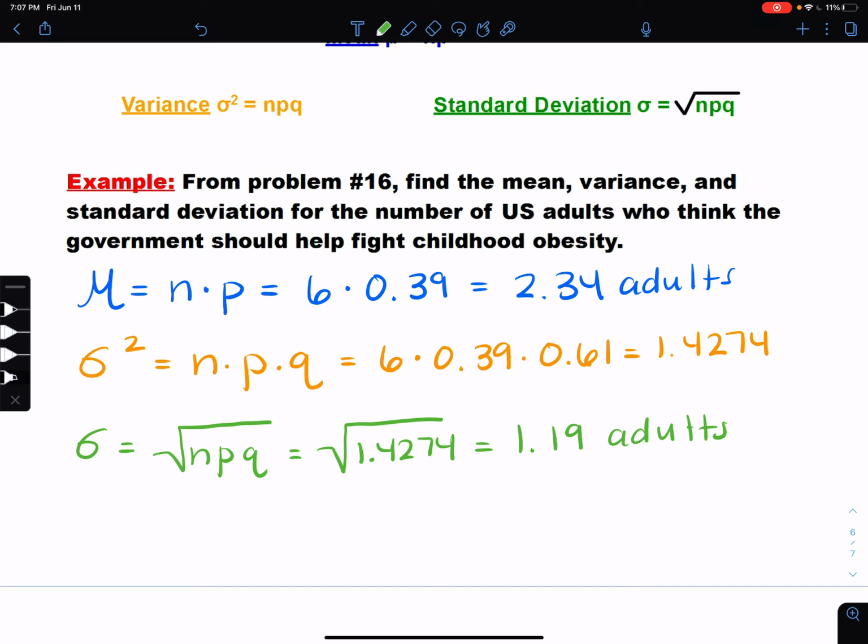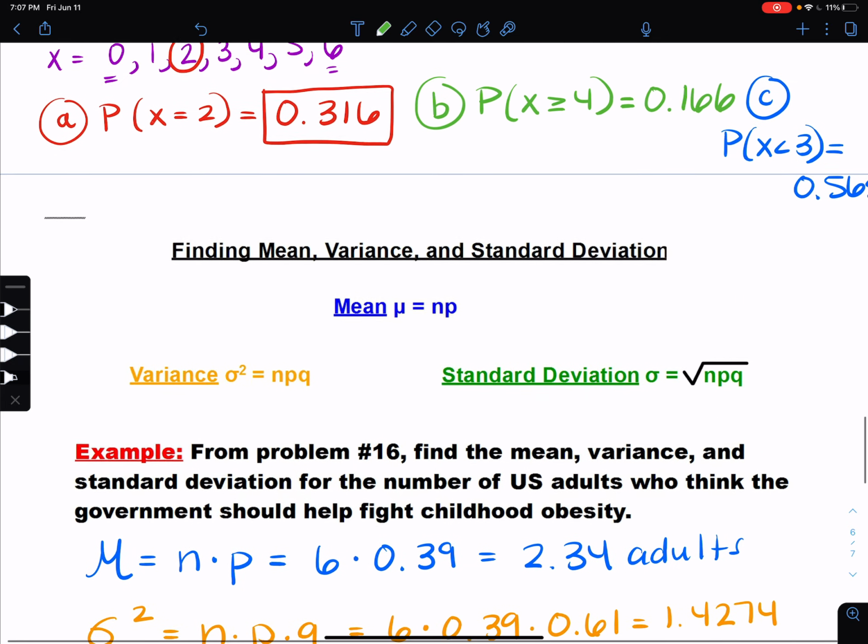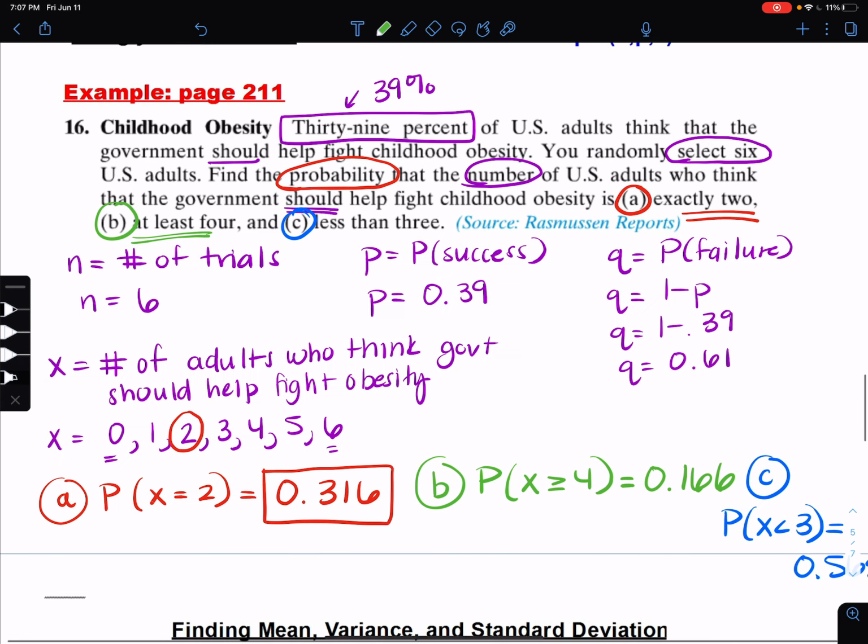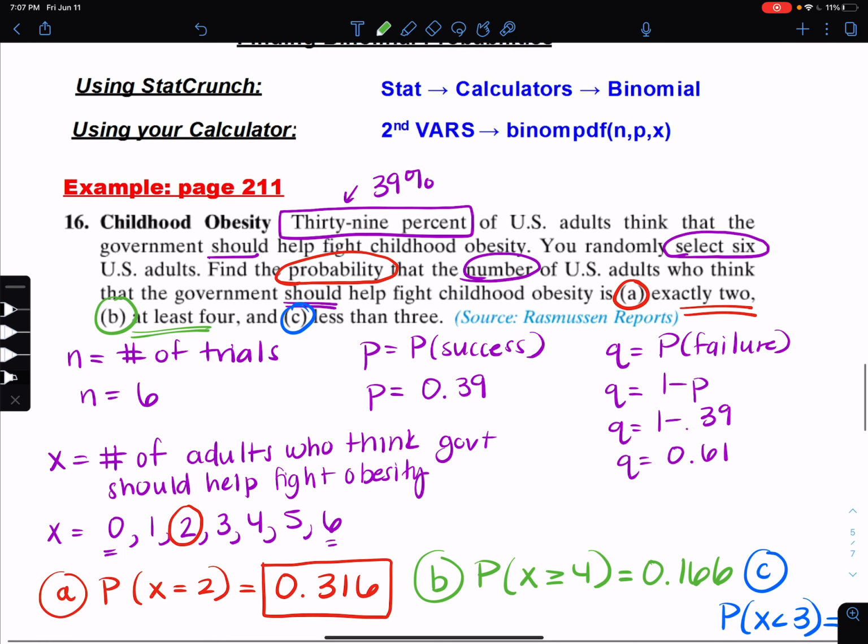I would expect that to vary by about 1.19 adults on either side of the mean. Okay, so these 3 formulas are used for mean, variance, and standard deviation. Binomial probabilities are going to be found using the binomial calculator in StatCrunch.